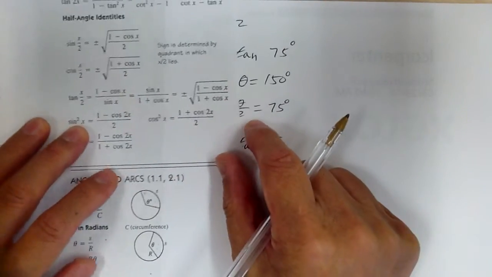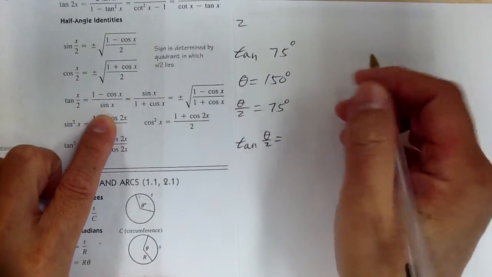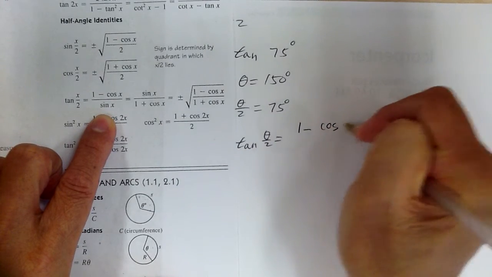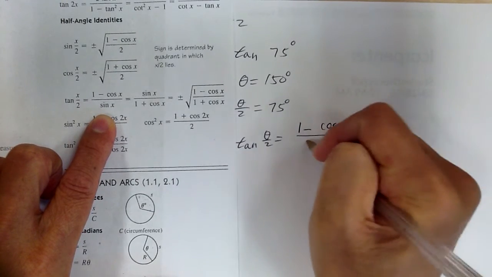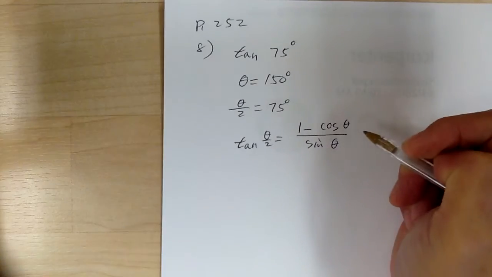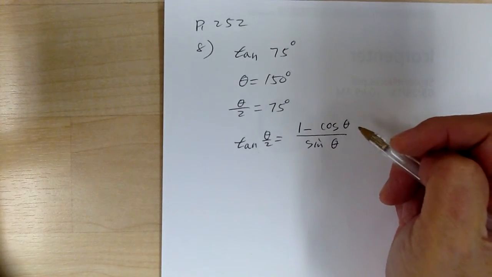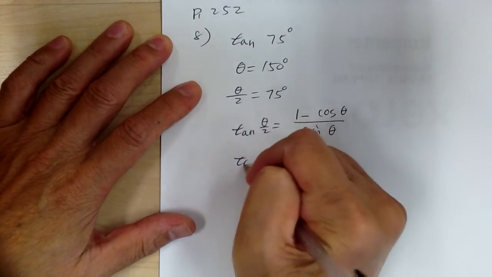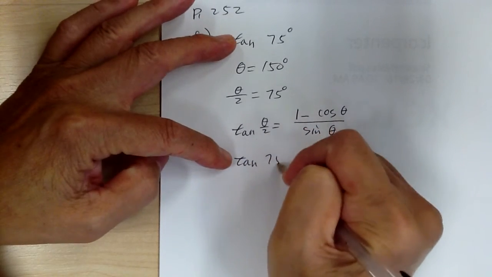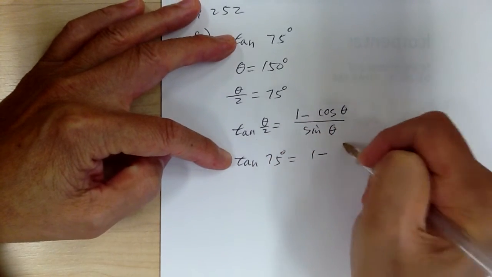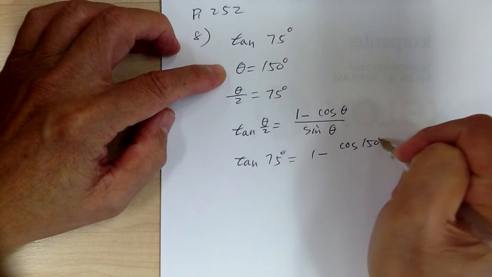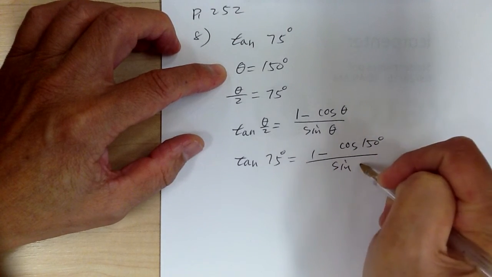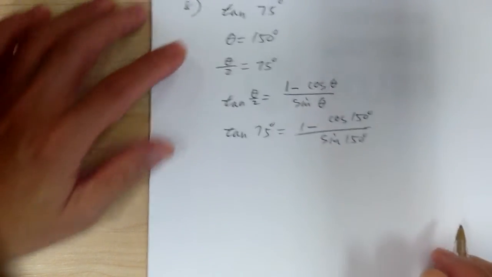So probably better to just use this one. So it'd be (1 minus cosine theta) over sine theta. This one does not have a plus or minus, so you're good. So tangent of 75 degrees equals (1 minus cosine of 150) over sine of 150 degrees.